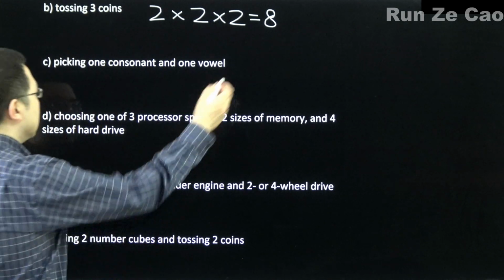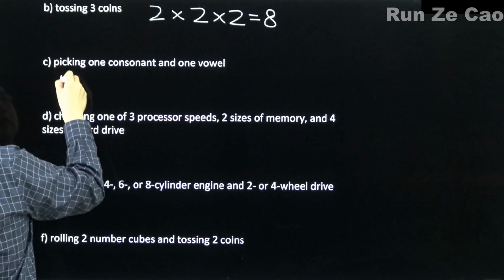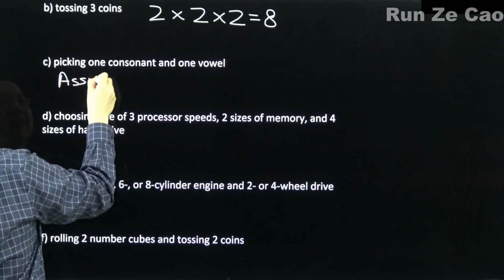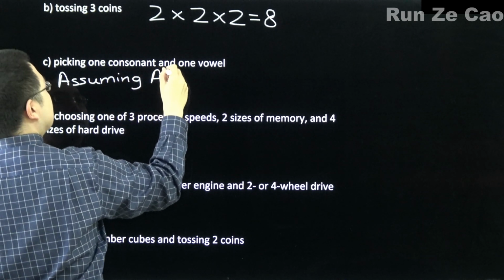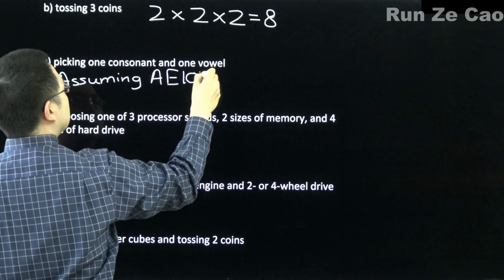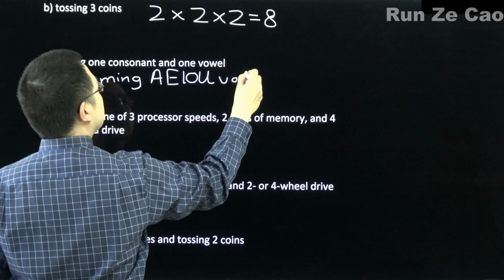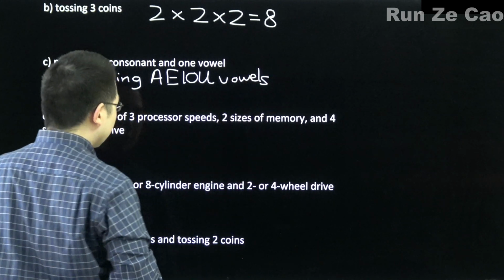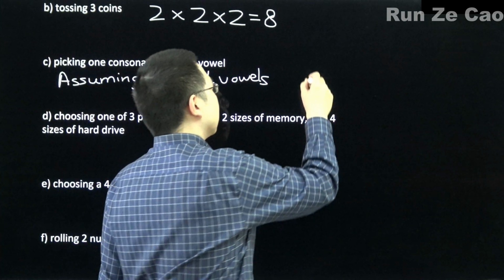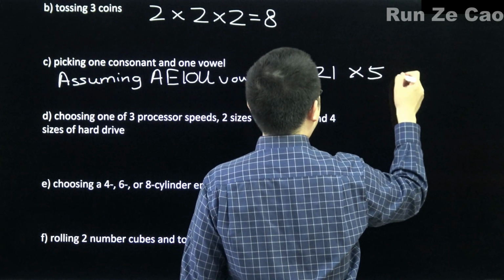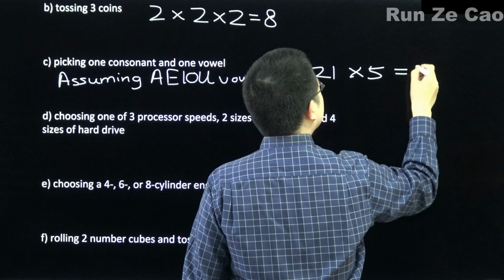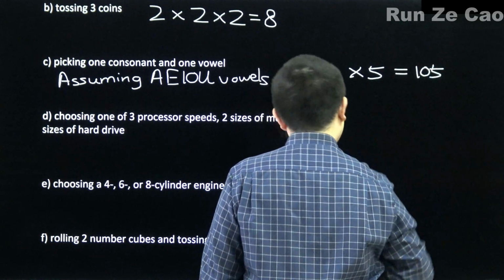So, assuming this is actually important, A-E-I-O-U vowels, we would have 21 consonants times 5 vowels. And that gives us 105 combinations.